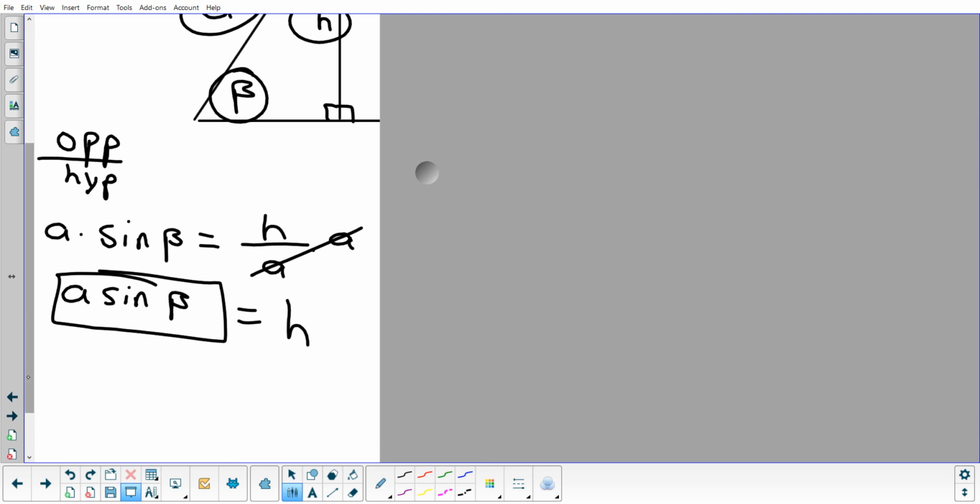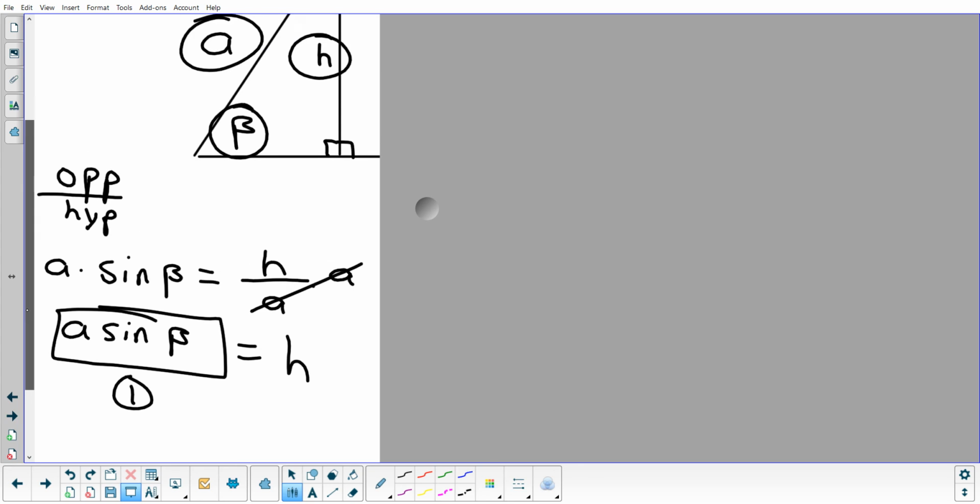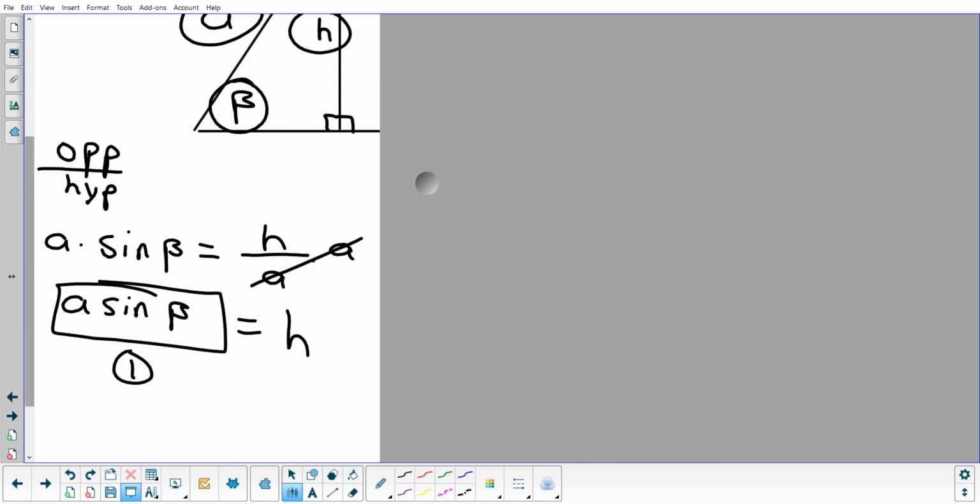A sine beta. Okay, just to give that box a name, I'm just going to call that box 1. Okay, we'll look at box 1 again in a second, but for now, we're done with it. Questions on how we got that formula? So nothing really fancy, just right triangle, we've done that before.